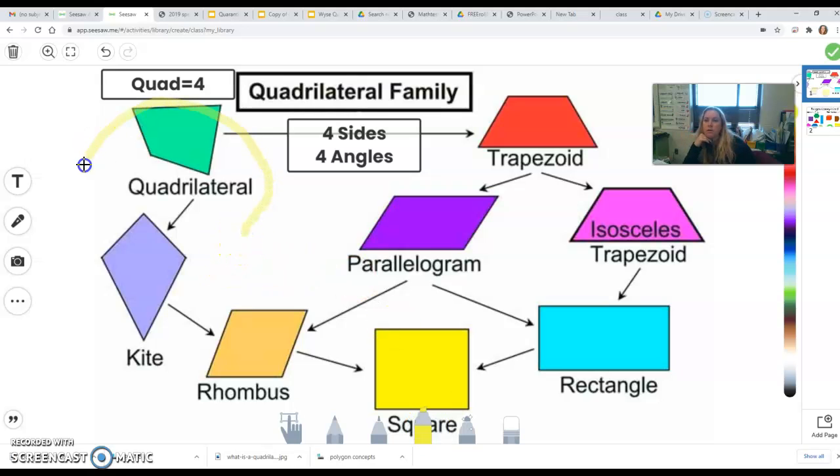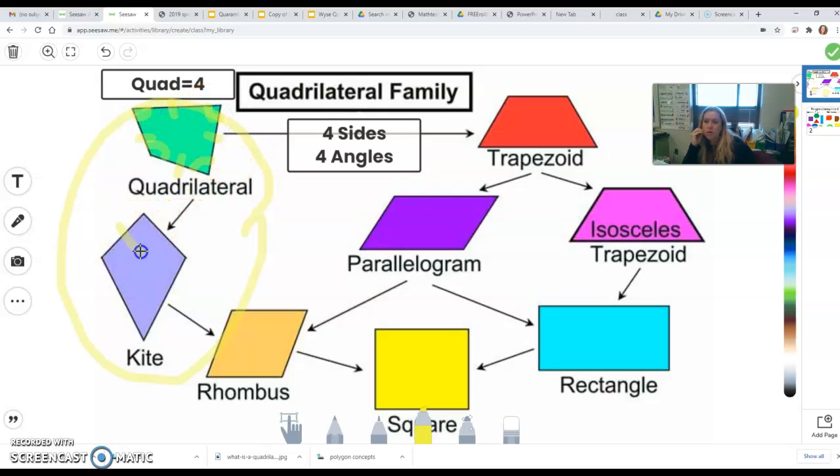So these two quadrilaterals right here, just the regular quadrilateral and then a kite, both have four sides and four angles. We can see sides 1, 2, 3, 4, and then inside here are angles 1, 2, 3, and 4.